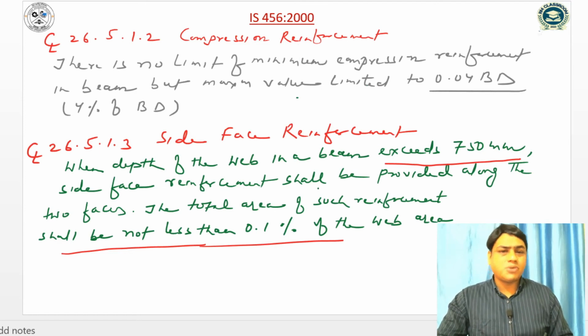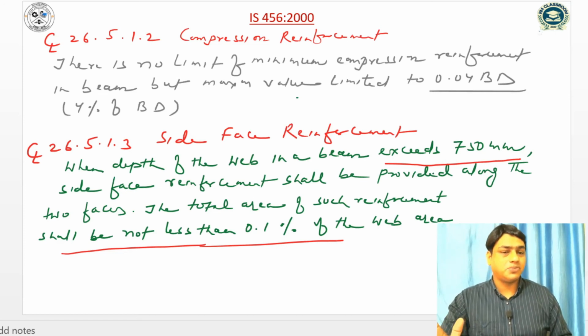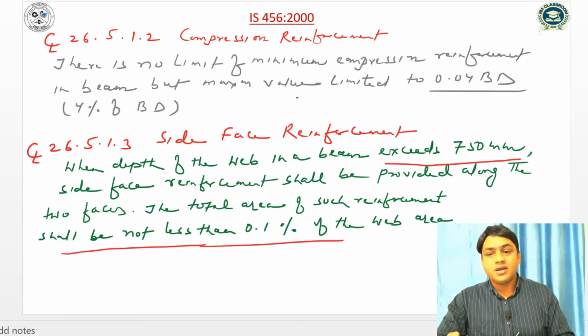The code suggests about the side face reinforcement. When the depth of the beam, or depth of the web in a beam, exceeds 750 mm without torsion reinforcement, then we have to provide the side face reinforcement on both sides along the two faces, and the total area of such reinforcement shall not be less than 0.1% of the web area. But remember that when the depth exceeds 750 mm without torsion reinforcement, and when the depth of the beam exceeds 450 mm with torsion reinforcement, once again we have to provide the side face reinforcement.